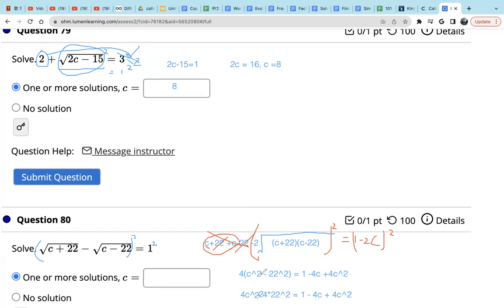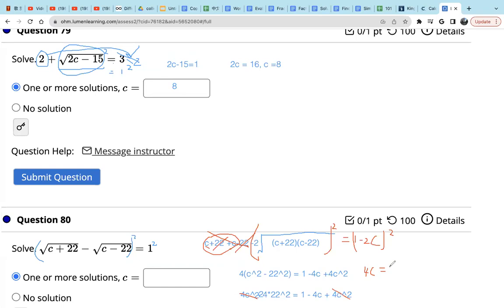Subtract 4c squared on both sides, we see 4c squared cancel each other, right? Both are positive on both sides of the equation, so we can cancel them. So both cancel to be 0. So we have negative 4 times 22 squared equals 1 minus 4c. So we move 4c to the left-hand side.